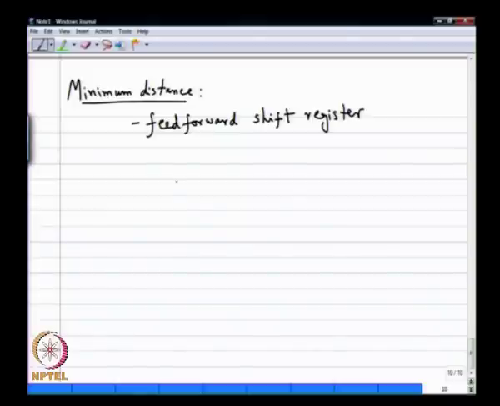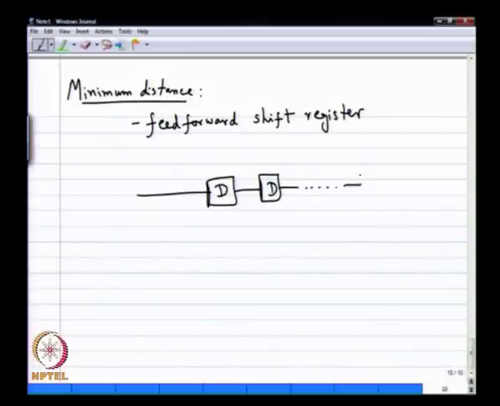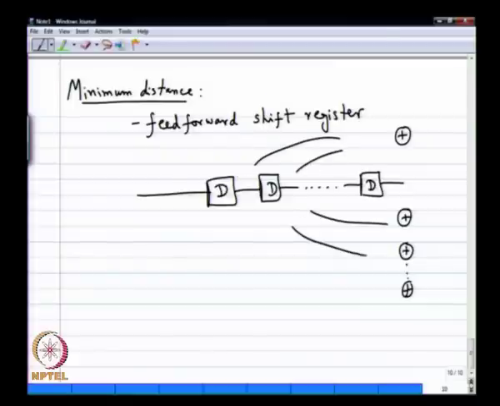So if you look at the encoder, there is an input stream, there are a bunch of flip flops, mu of them, and then you have a bunch of outputs. Okay, and you have connections, right? And there are connections. Okay, this is how it looks. There is no feedback in this shift register.